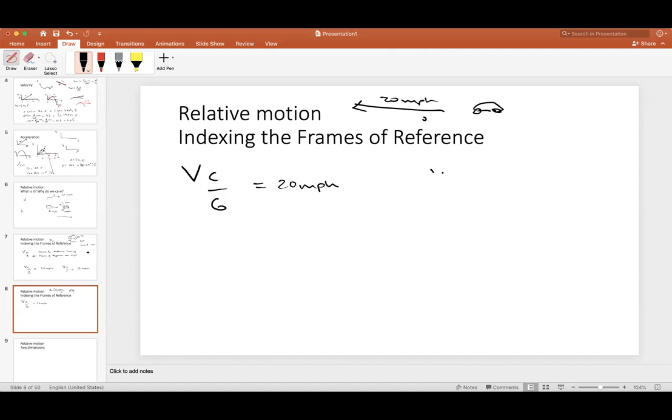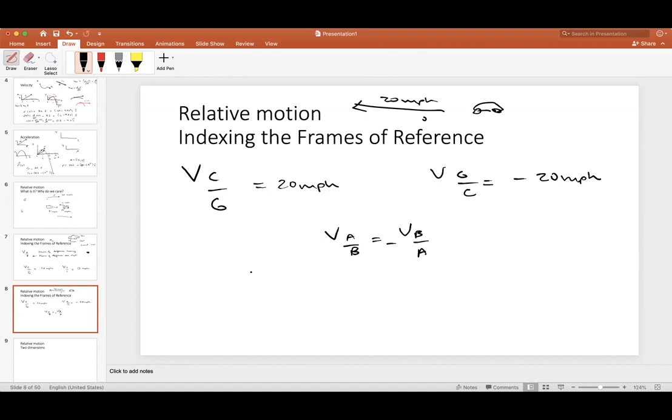If that were the case, then what we get is negative 20 miles per hour. So that leads to our first idea, and that's that V of A over B is equal to V of B over A with a negative sign. So you can flip these indexes at the cost of a negative sign.